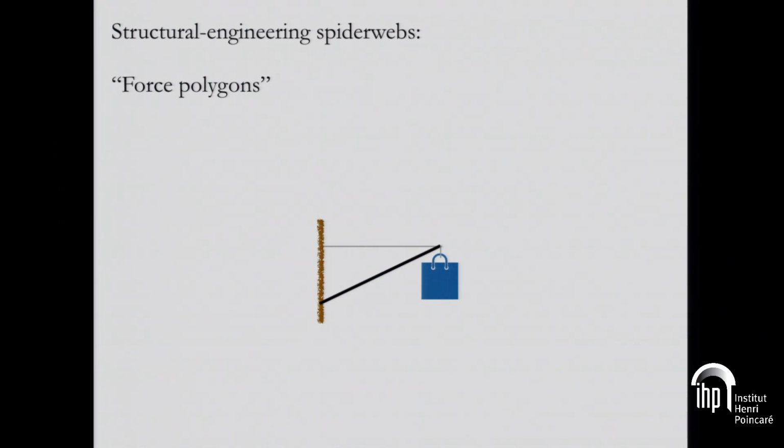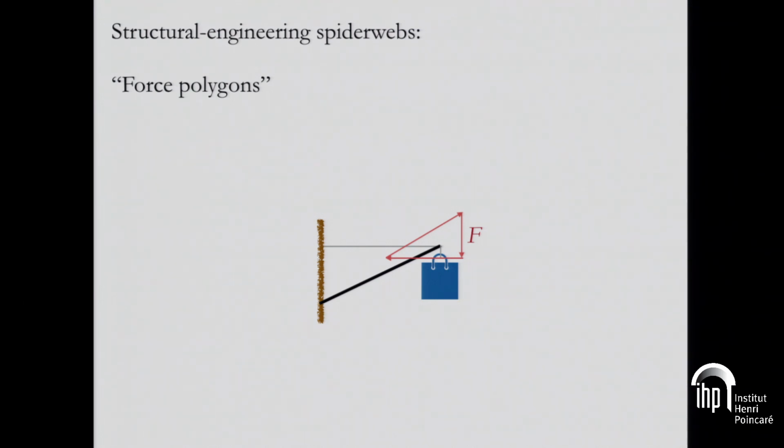Here we have a weight, or a briefcase, hanging on a lamppost, and we can analyze the forces on it. There's some force in this direction, a compression in another direction, and there's the weight. And if this is in equilibrium, this makes a closed triangle.